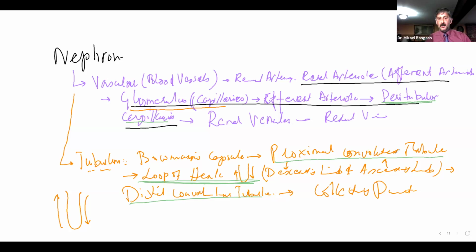Because the proximal convoluted tubule is a tube, the distal convoluted tubule is a tube, and your loop of Henle is just a tube. And around these tubes is where we have the second set of capillaries referred to as the peritubular capillaries. Did you guys get that?